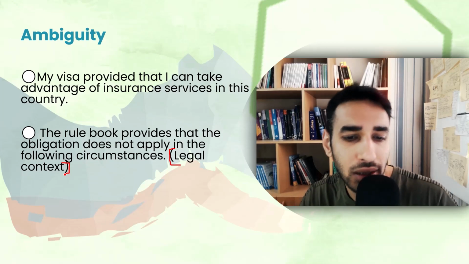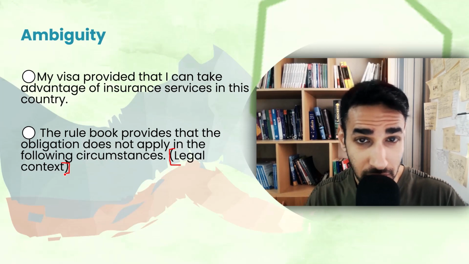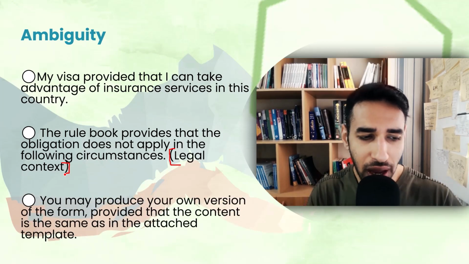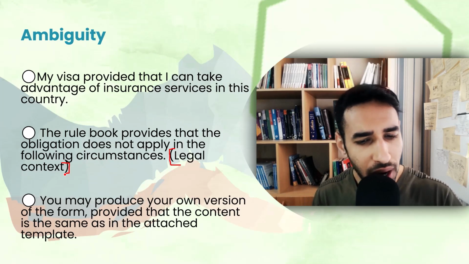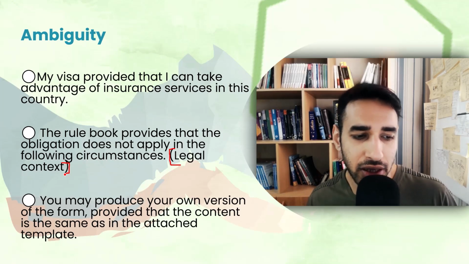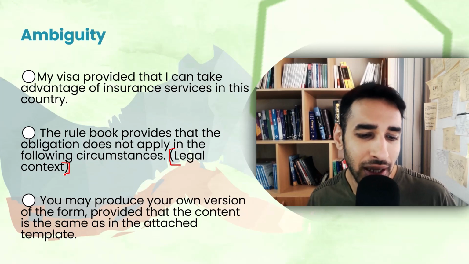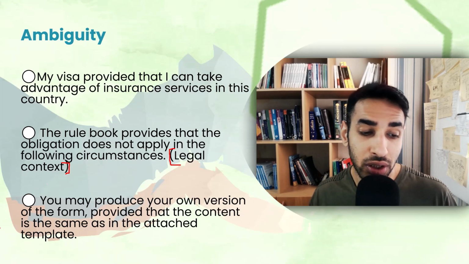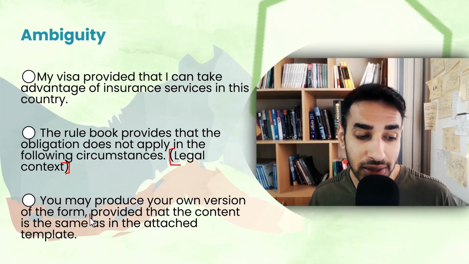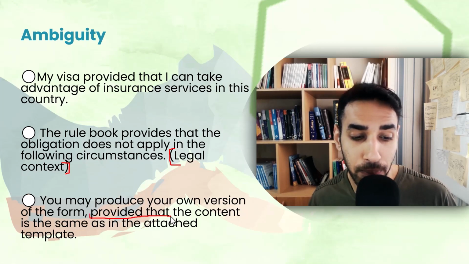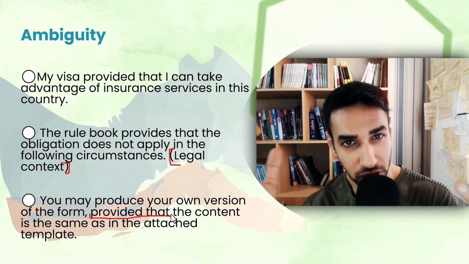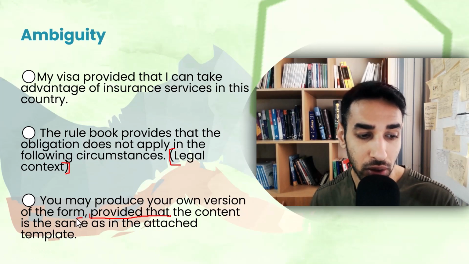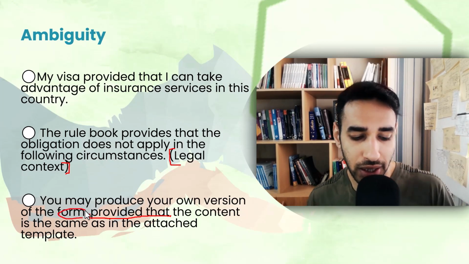Another example: you may produce your own version of the form, provided that the content is the same as in the attached template. It's really difficult to guess whether provided that means on the condition that, or the form is stipulating something. So we have ambiguity here.